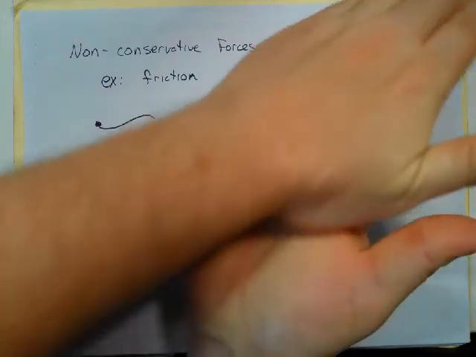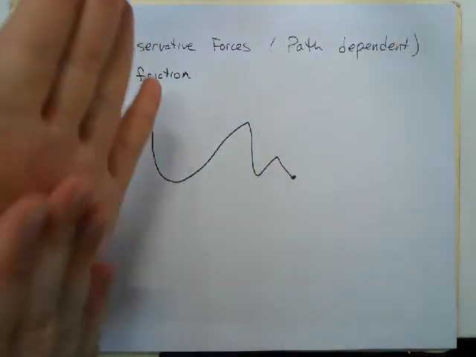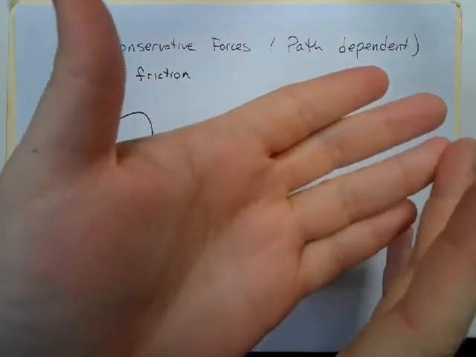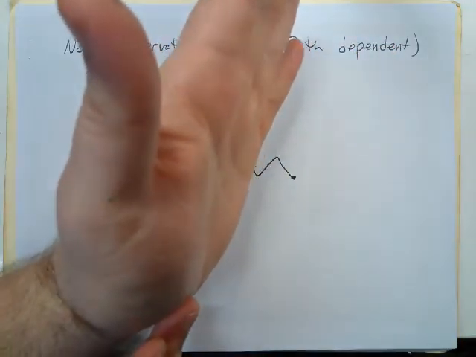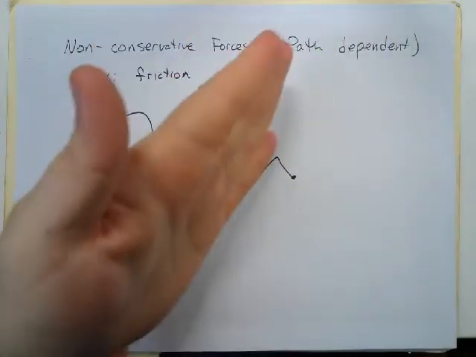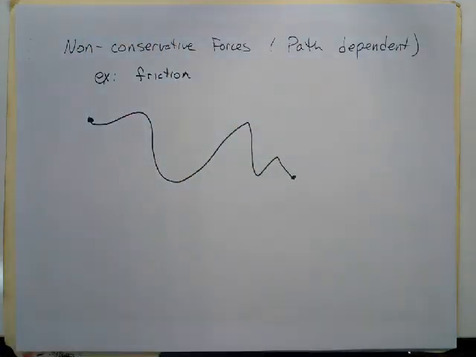If I move it like that once, I move the length of my hand. I've done some work, but I don't notice anything. If I move it several times, like I'm trying to stay warm, and then end up with the same displacement, my hands are warm.